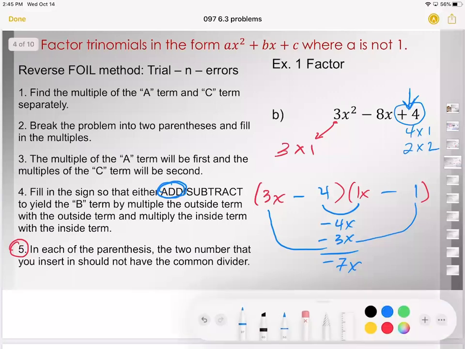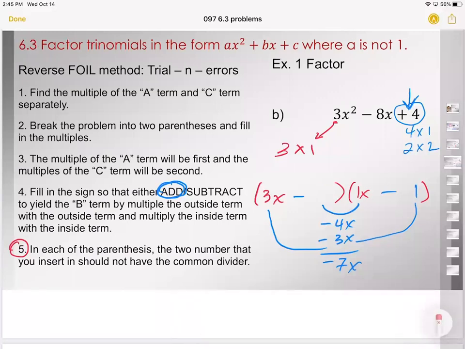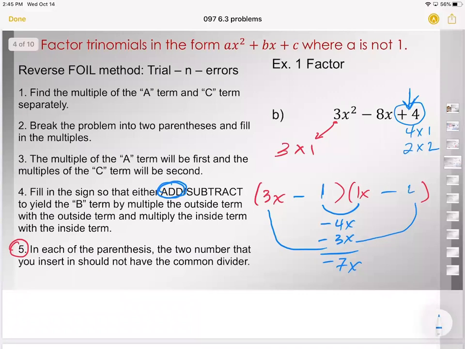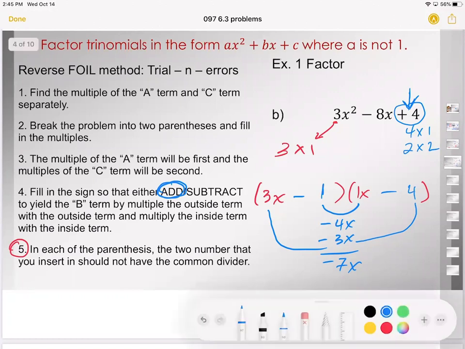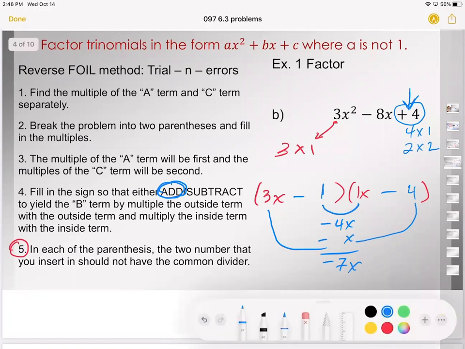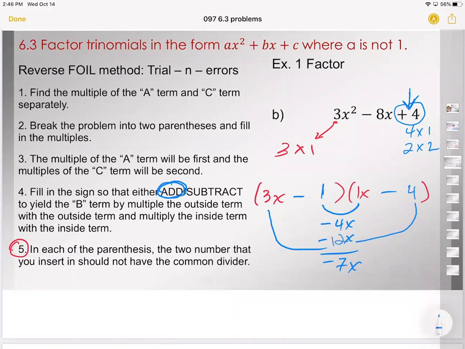Now let's say if we flip this around, let's say I put the 1 here and the 4 here. Well, do you agree that 4 times 3 is 12? That's too big, right? And 12 plus something will not give you 8.